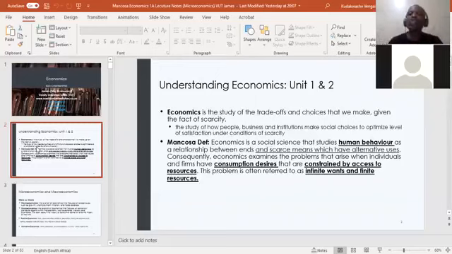So economics is a social science because it studies choices, trade-offs, and human behavior, in the context of the relationship that exists between two things.